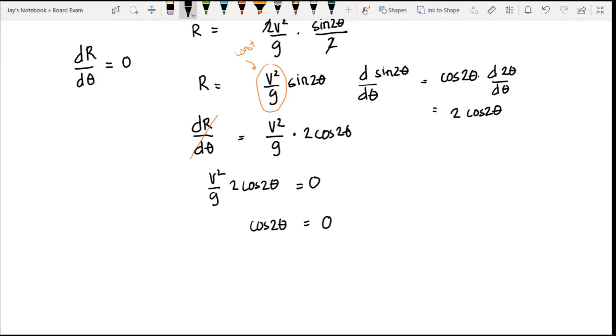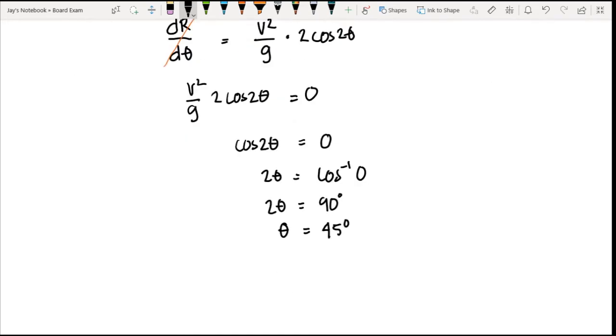So in order to compute for theta, we express this as inverse cosine. So we have 2 theta equals arc cosine of 0. So we have here 2 theta is equal to 90 degrees. That means theta is equal to 45 degrees. So when our range is at maximum, the angle is always equal to 45 degrees.